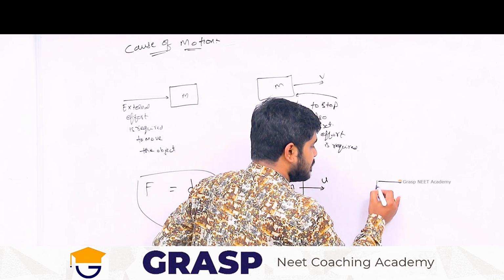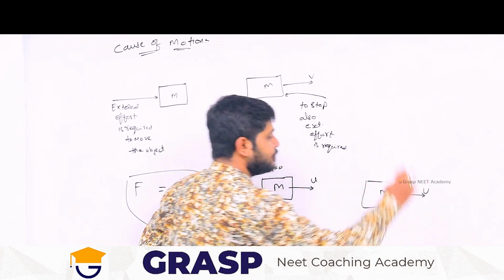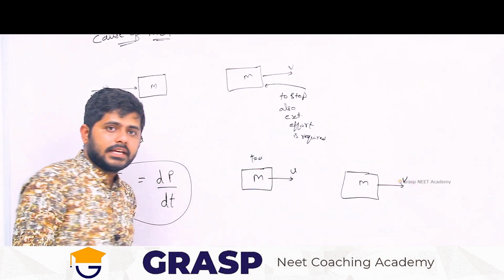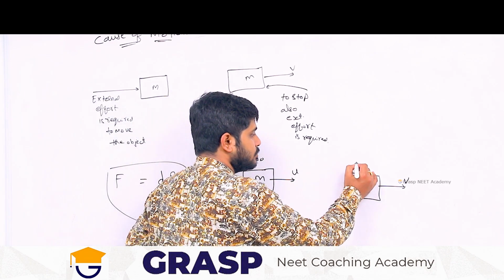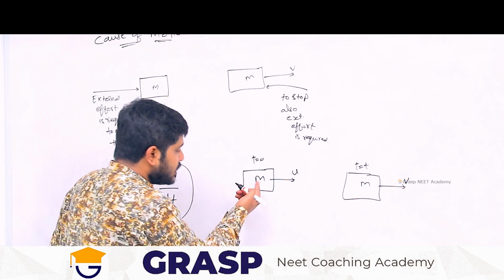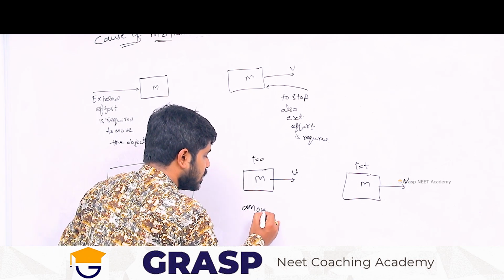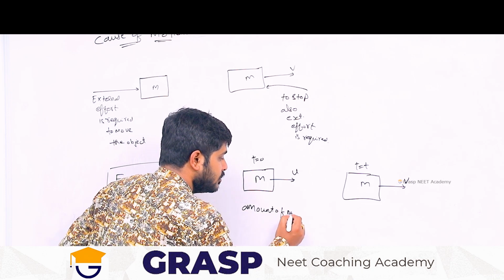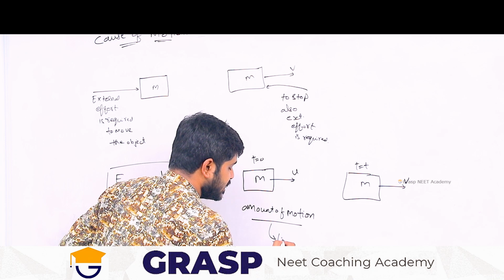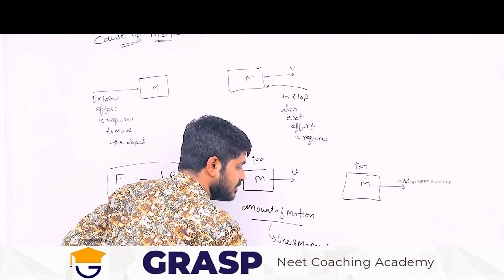After some time t, the object has a velocity v. Here the moment is the amount of motion, and the amount of motion is momentum, which we call linear momentum.